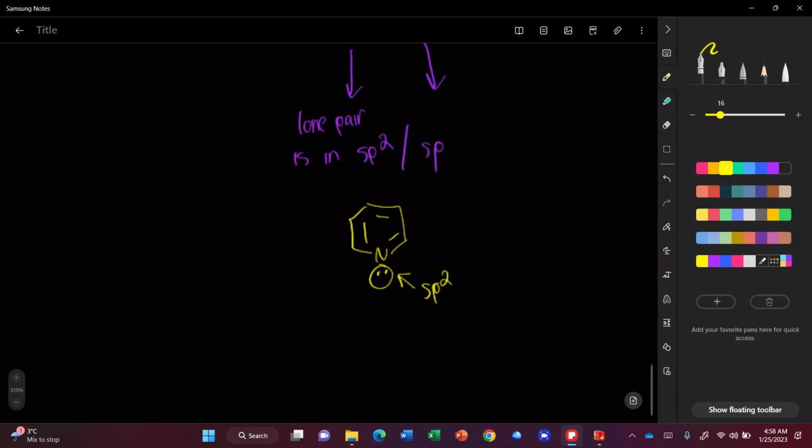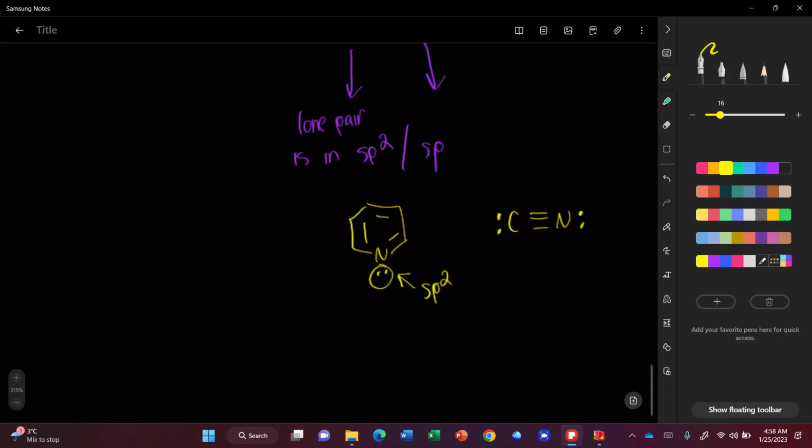All right. Similarly, if you have something like cyanide, okay, in cyanide, both the carbon and the nitrogen are sp hybridized, meaning they have two p orbitals left over. But even though they have two p orbitals left over, both atoms have two pi bonds.